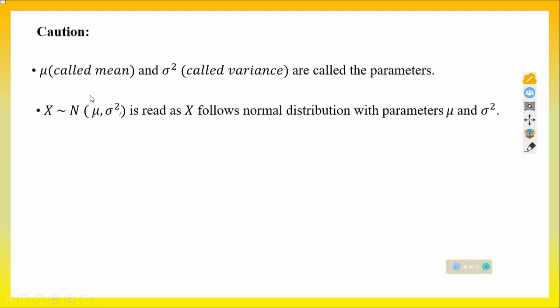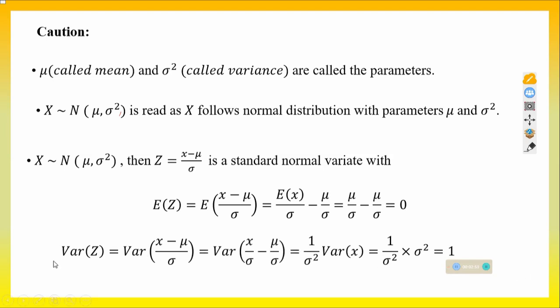So we read this as x follows a normal distribution with the parameters mu and variance sigma squared. So if we have this, then it implies that your variable is following a normal distribution with the parameters mean and variance.